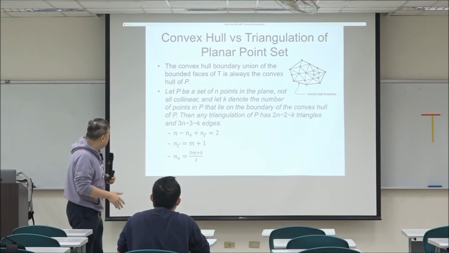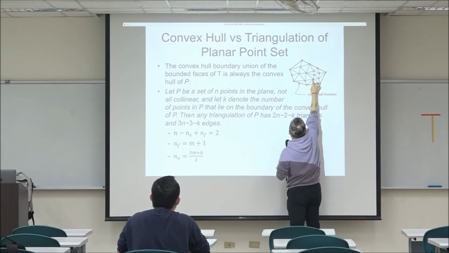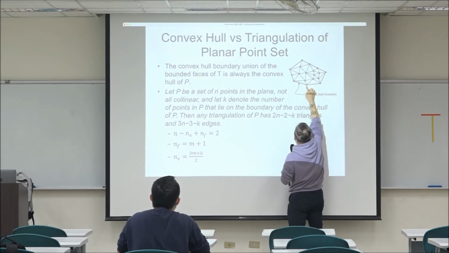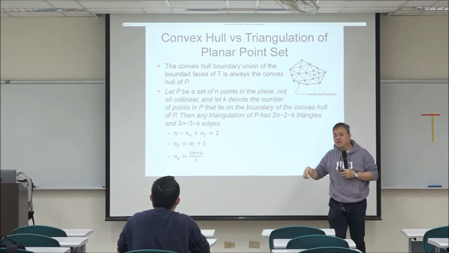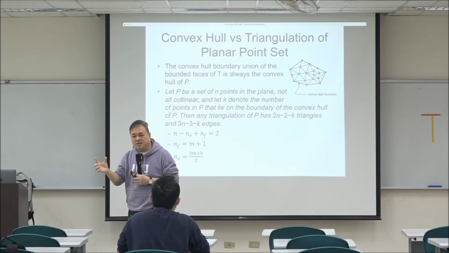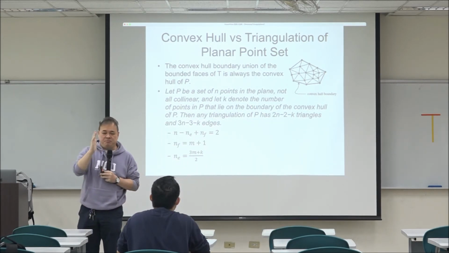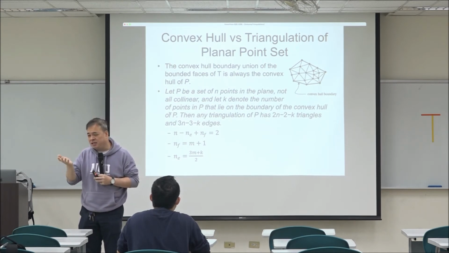For example, this edge will be counted for this triangle and this triangle too, right? A lot of edges will be used by triangles on both sides, so that edge will actually be counted twice, right?